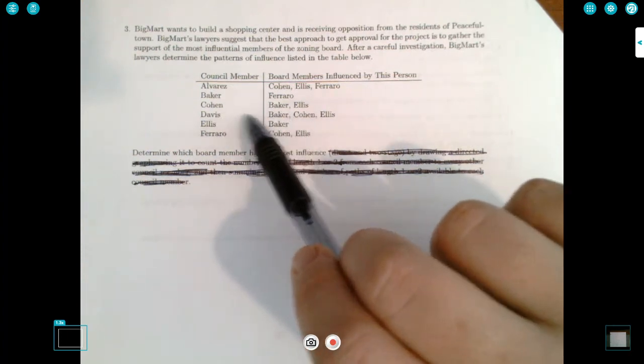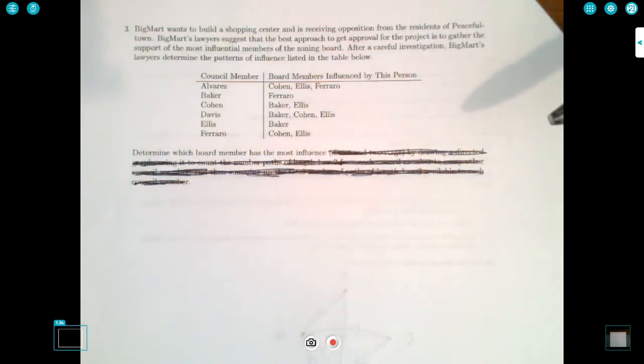But through Cohen, he has a second-hand influence. And we could say similar things about Davis's list. So maybe when you add in the second-hand influence into the mix, we're able to come up with a clear winner for who has the most influence, right?